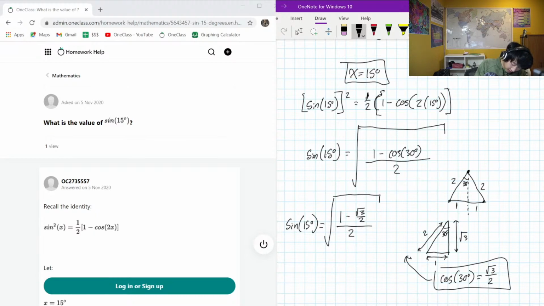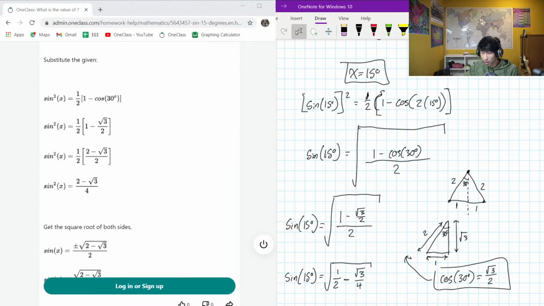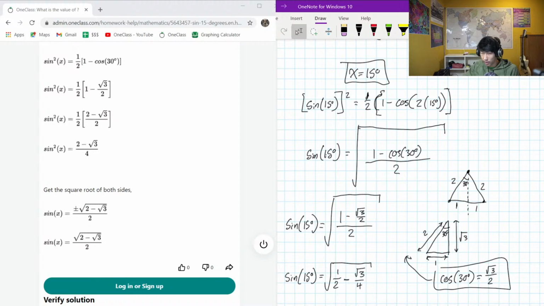And another way that we could write this is sine 15 is equal to under the root, 1 over 2 minus root 3 over 4. Okay, so yeah, that's where this all came from. And yeah, we would get that same result here. Exactly.